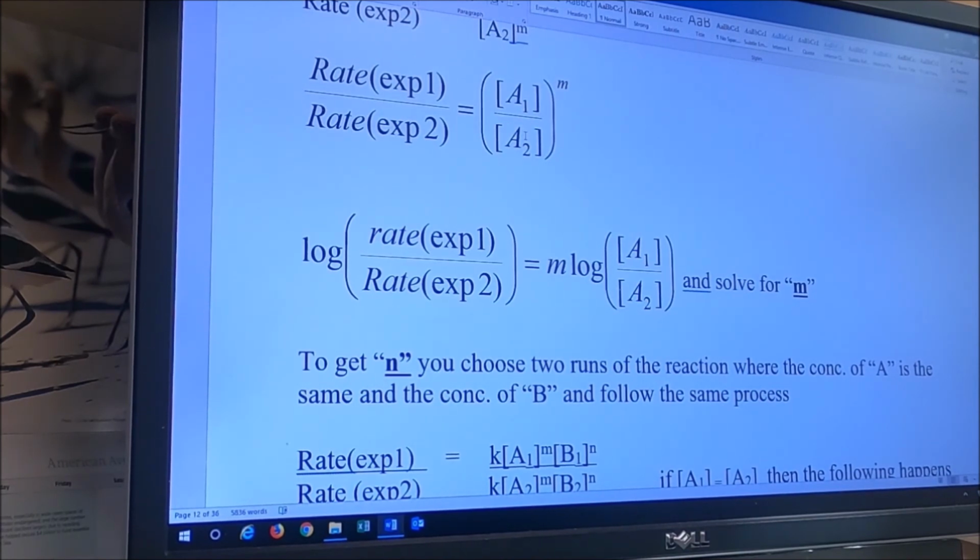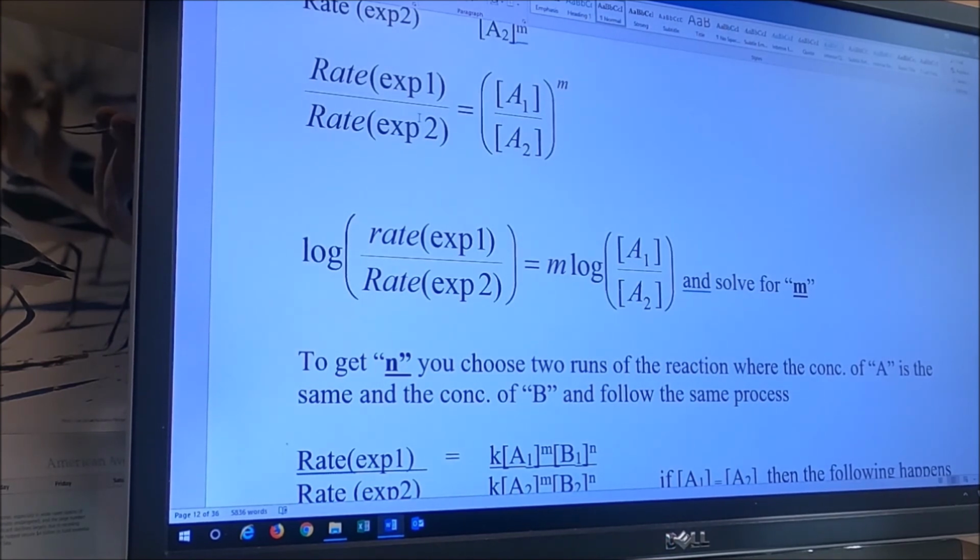If these numbers are the same, then m is 1. If you look at this number and you square it and you get this number, you know it's 2. Zero is pretty easy to identify also.